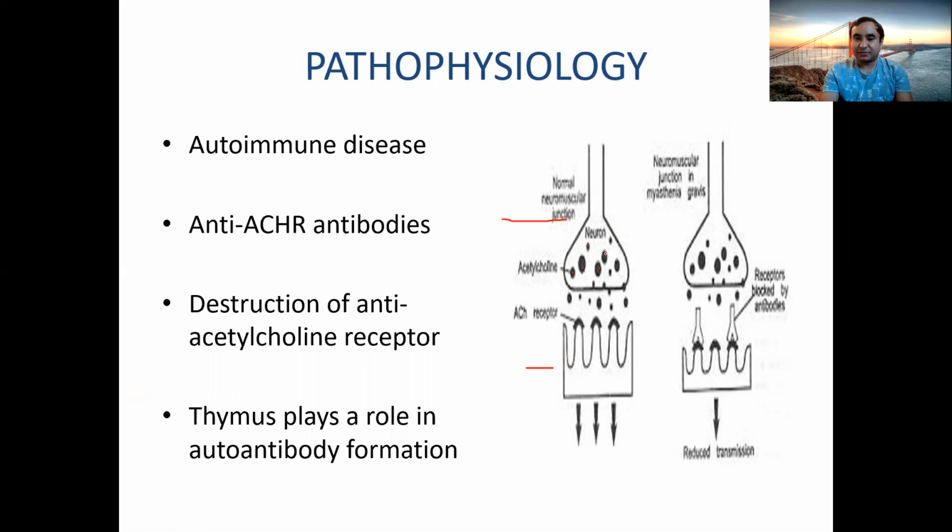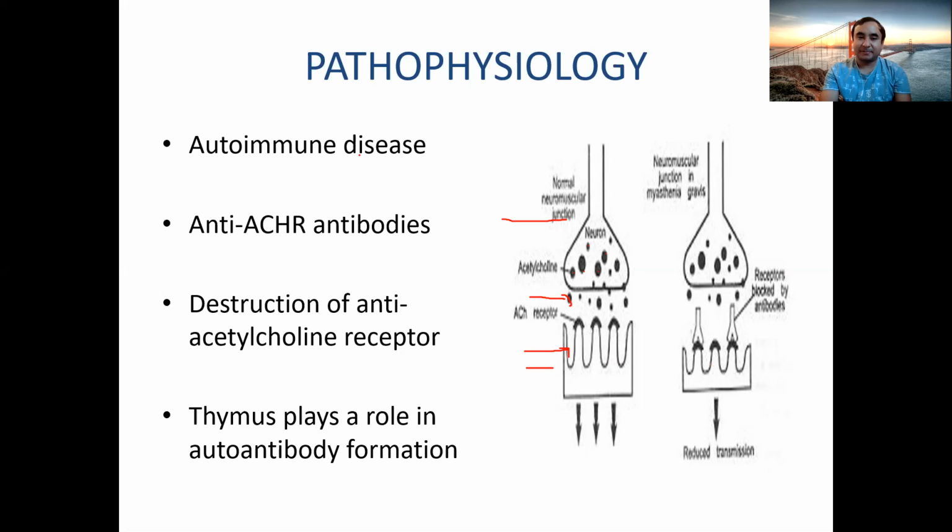With excitation of the neuron, this acetylcholine is released into the synaptic cleft and acts upon the acetylcholine receptor in the skeletal muscle, classically called the nicotinic receptor. When acetylcholine acts upon that nicotinic receptor, the muscle gets activated and there is contraction of the muscle.